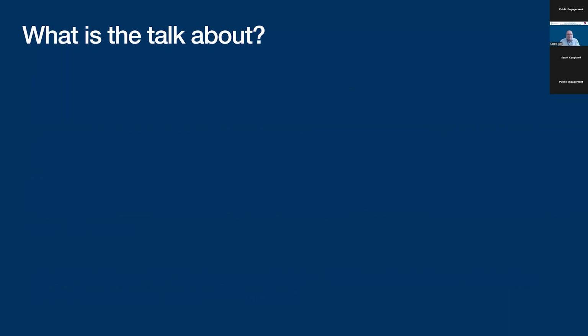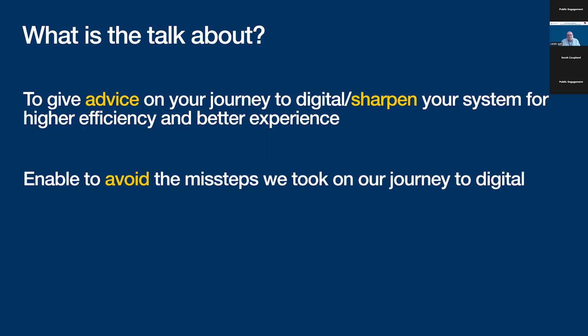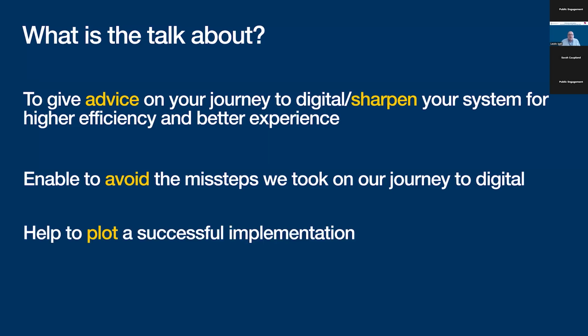But more importantly, what is this talk about? That's why we are here. I'd like to give you some advice and probably sharpen up your system for higher efficiency and better experience. That was the underlying principle why we have been given the opportunity to go digital. I'd like to avoid the elephant traps on this journey, because I think we make mistakes, and it's better not to commit everybody else's mistakes on the way and plot a successful implementation.